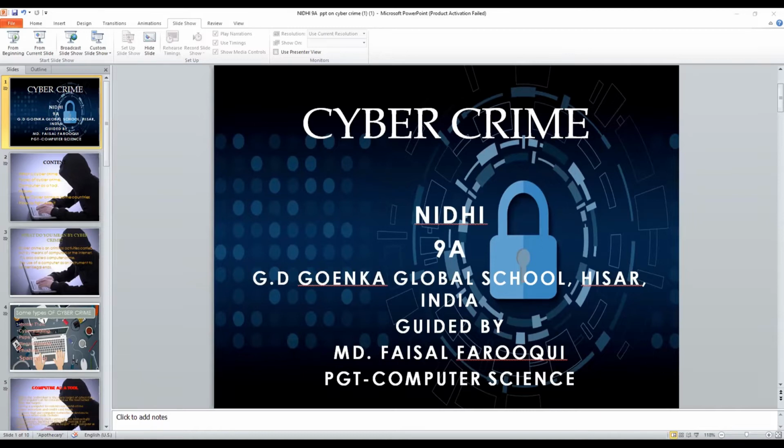Next is cyber stalking. So Nidhi, sorry to interrupt you in between. I guess your slides are not moving. We cannot see your slides moving. But I have shared it and on my side it is moving. Wait, I'll do it. You just don't do the slideshow. Let us see if you can just click on a particular slide and then show it to us.